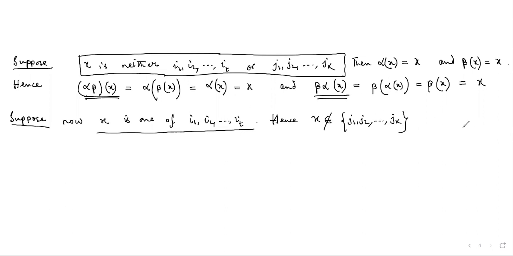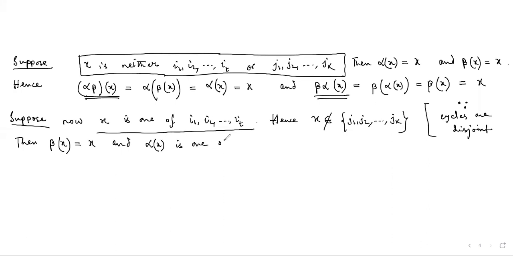Because it is already mentioned that the cycles are disjoint by the given condition. Since the cycles are disjoint, it will not happen. Then since X will not belong to J1, J2, ..., JK, by definition of the permutation, beta X will be X, and alpha X is one of I1, I2, ..., IT.